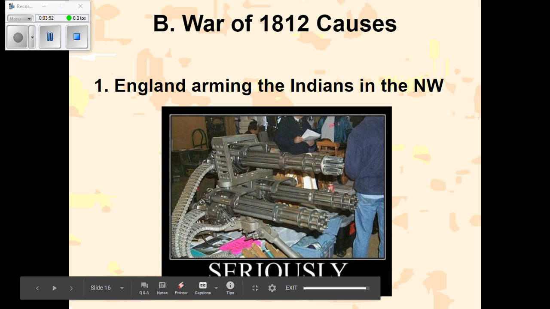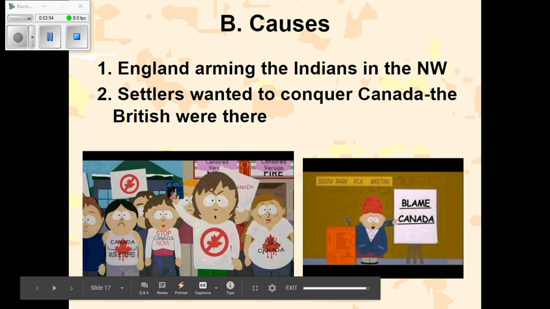So in this case, that's what does happen: they arm the Native Americans. But also your colonists, your Americans, your settlers, they wanted to push up north. They saw all this land in Canada, which is still growing itself, and the threat of Britain up there, and they decided that they wanted to conquer Canada themselves. And so there was that opportunity in this war if they could take out Canada.